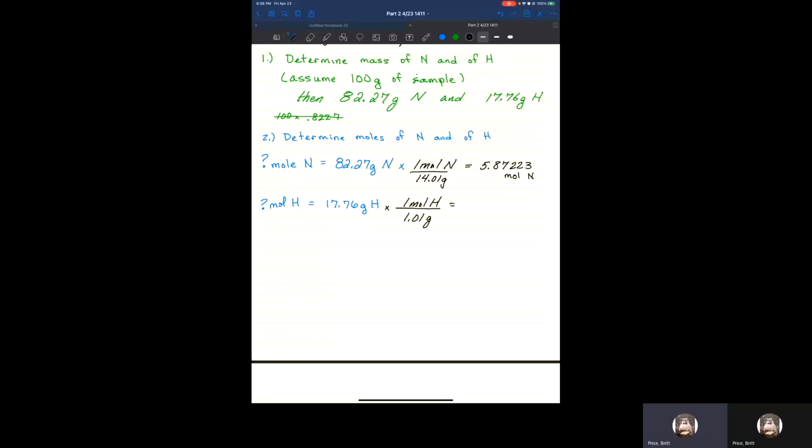It's pretty dang close to the same thing. Let's try 17.58416 moles of H.